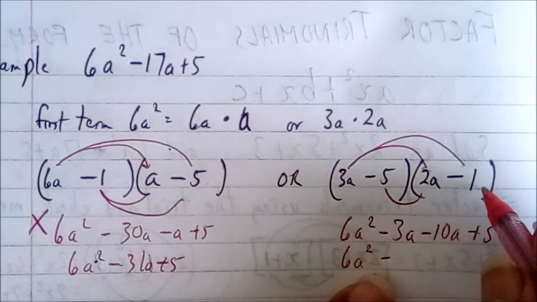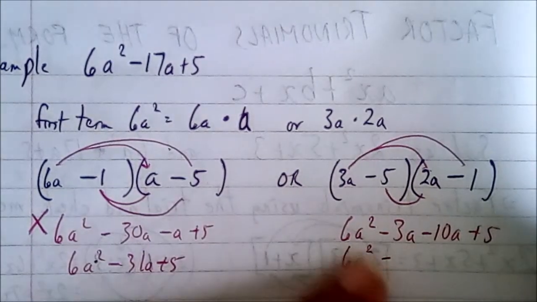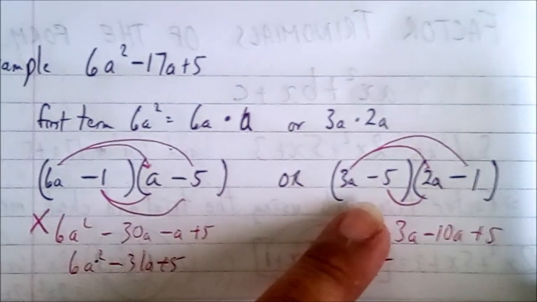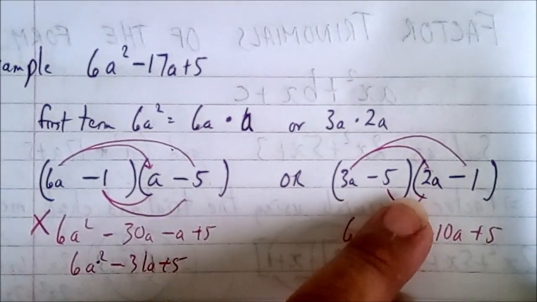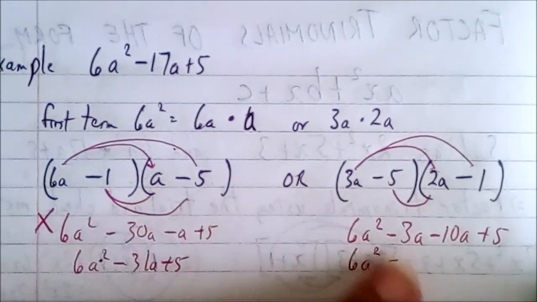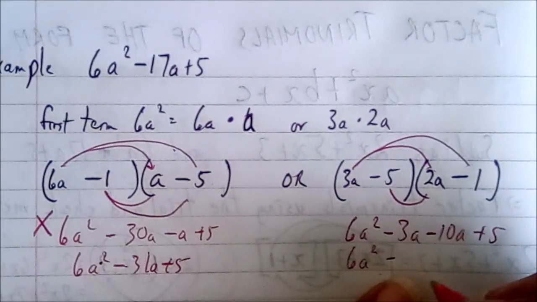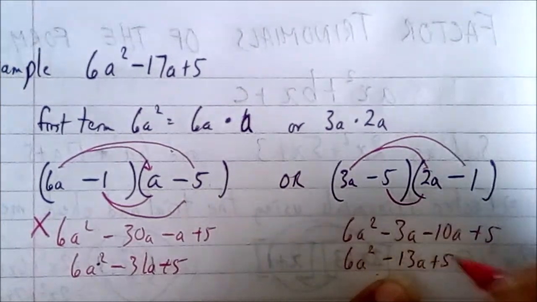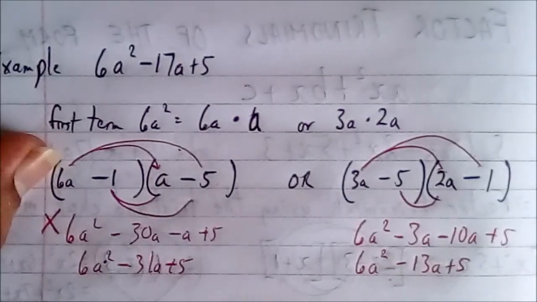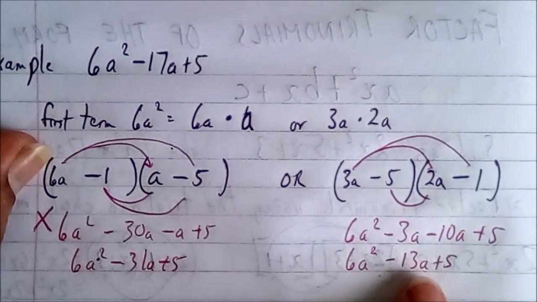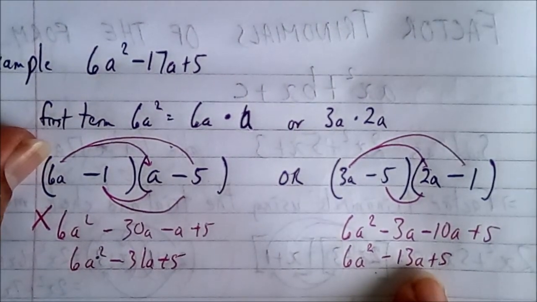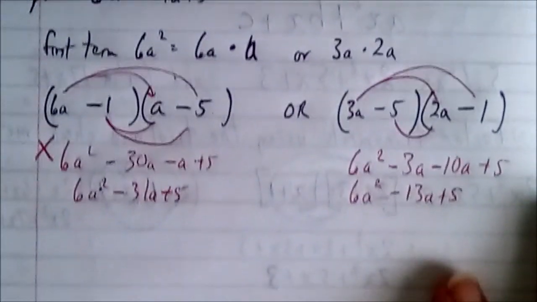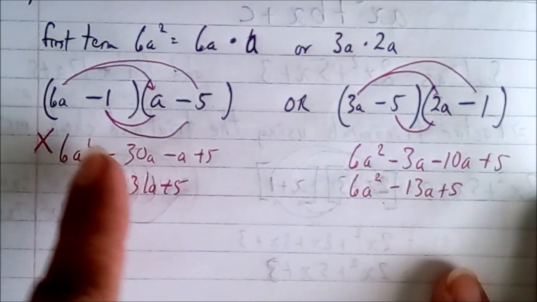Sorry, this would have been 2a and 1, and 1 and 5a. So we end up here with -13a plus 5. So notice this is what we got here. So therefore, let's try a next one, because those may not work as a combination.